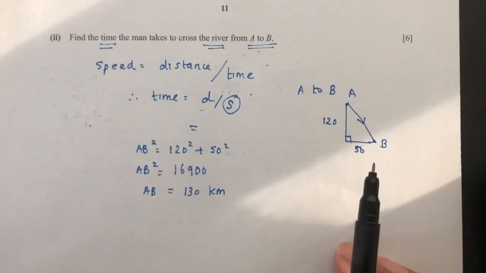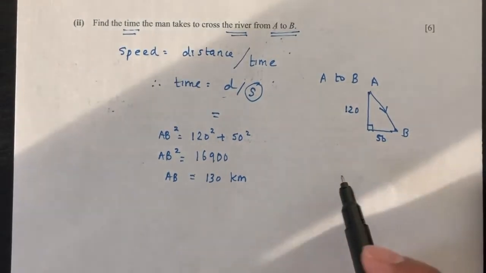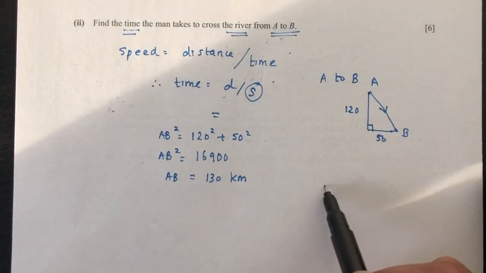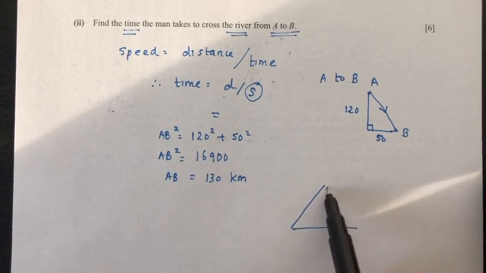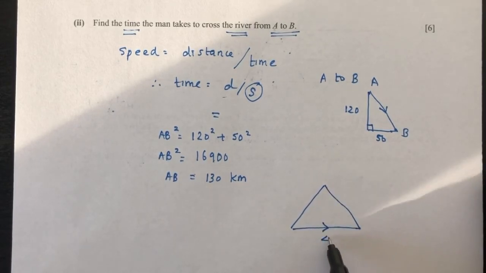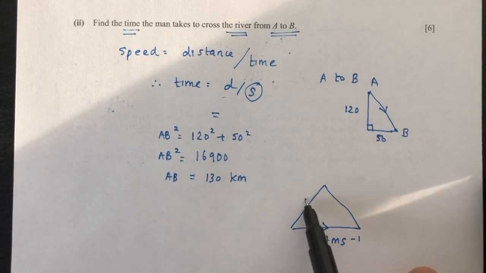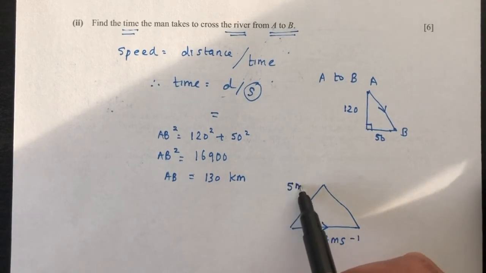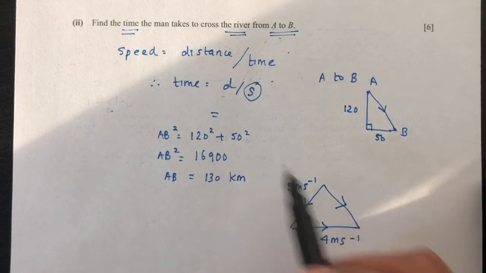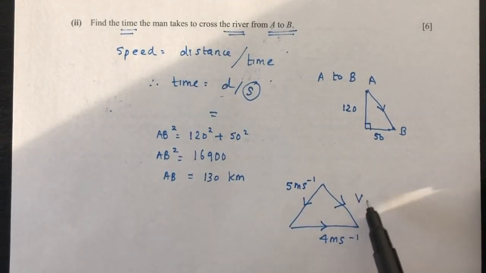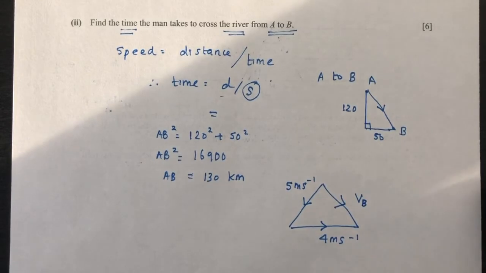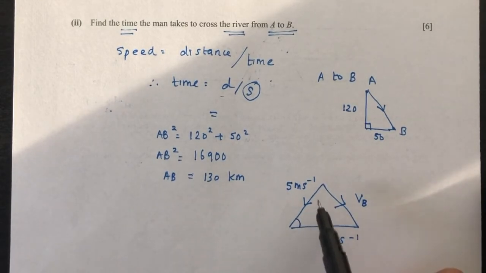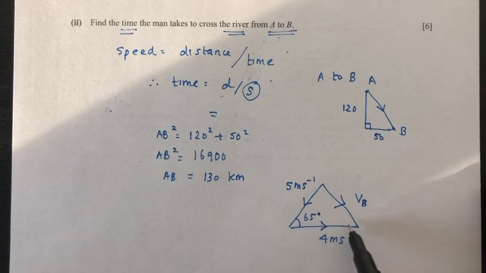So basically what we have right now is this triangle A. The speed here is 4 meters per second and the speed here is 5 meters per second. We need to find this speed, the true speed of the boat in the water. We know this angle here is equal to beta, which is 65, and this angle here is theta, which is 67.4 that we found before.